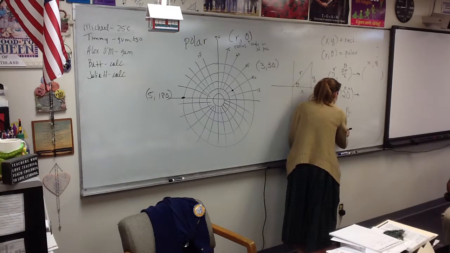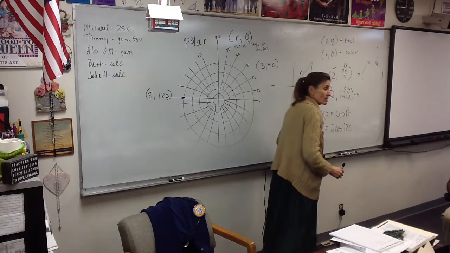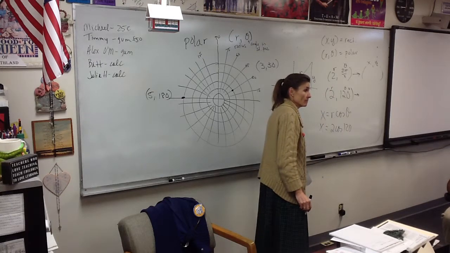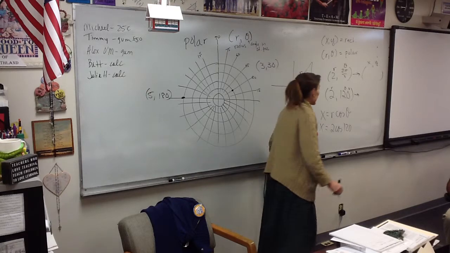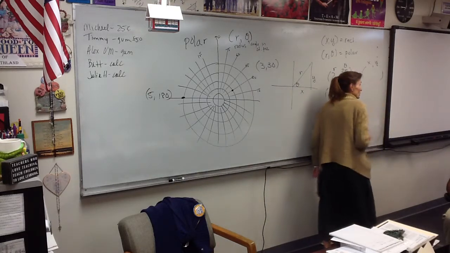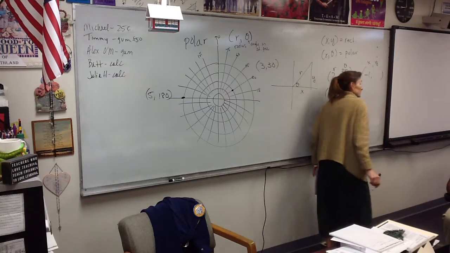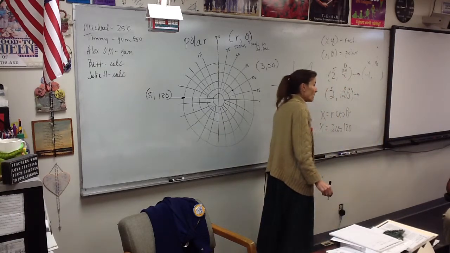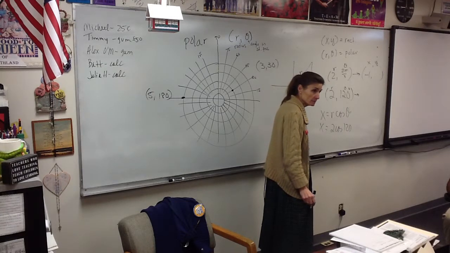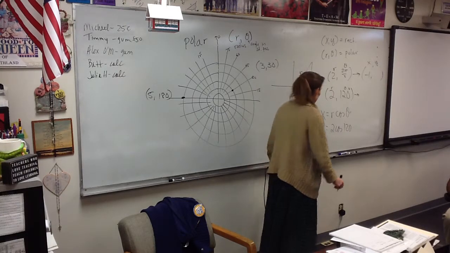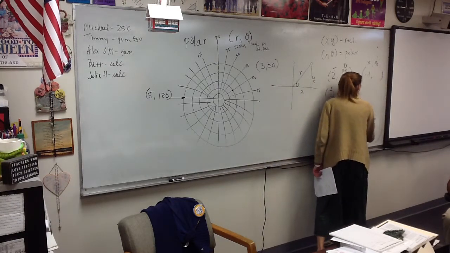2 cosine 120. So I just take out my trusty calculator and I type in 2 cosine 120. And that gives me my X coordinate, which is -1. Now how do you think I'll find Y? What's my formula for Y?